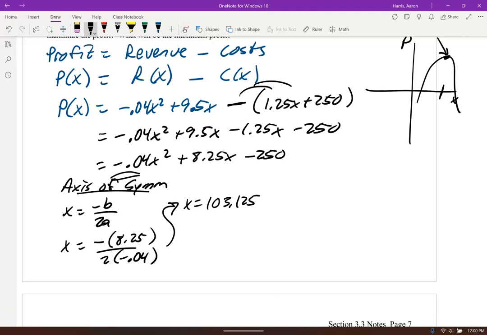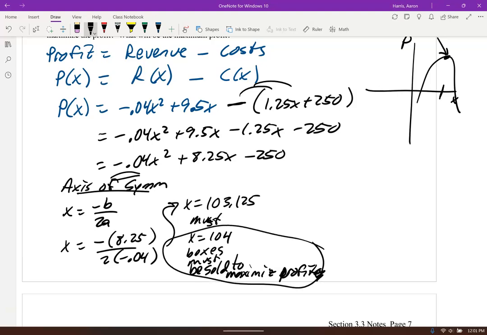Instead of 103, we must sell, I don't want to sell less than 103. So I'll sell 104 to make sure that we maximize this. Boxes must be sold to maximize profit. Profit, no E. Good grief, can't spell.